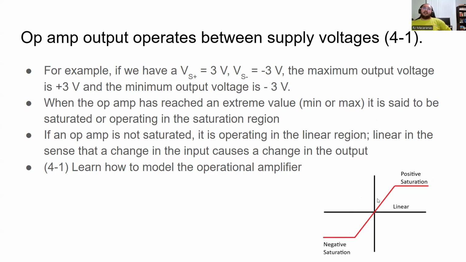In between the two saturation regions, we've got this linear region where if we increase the inverting input a little bit, that's going to lead to an increase in the output. And if we decrease the non-inverting or increase the inverting, it's going to go down. So that's the linear region, this output voltage curve, really.